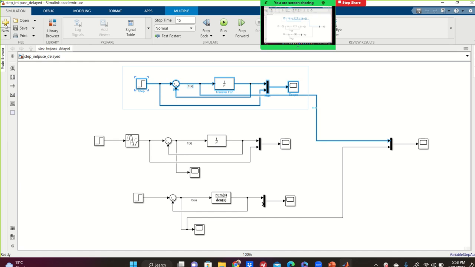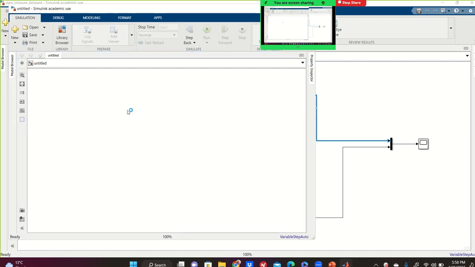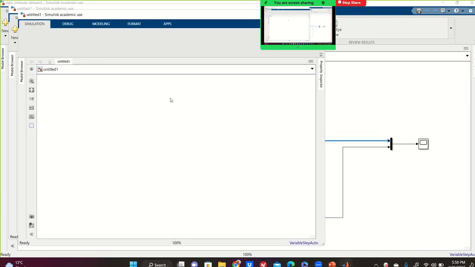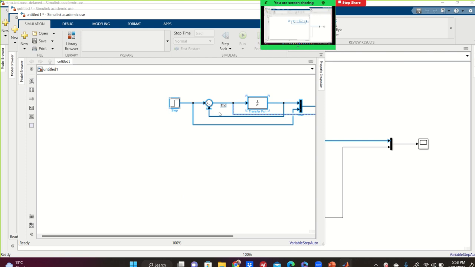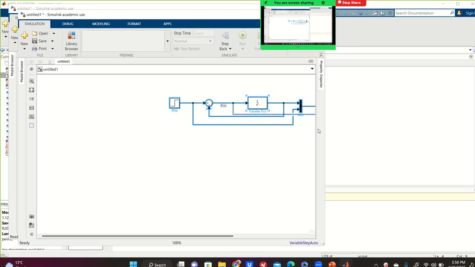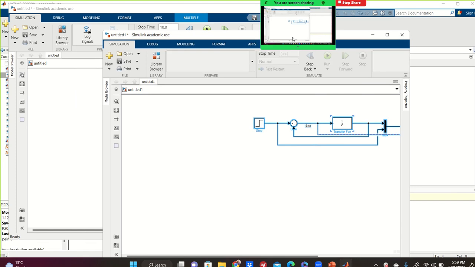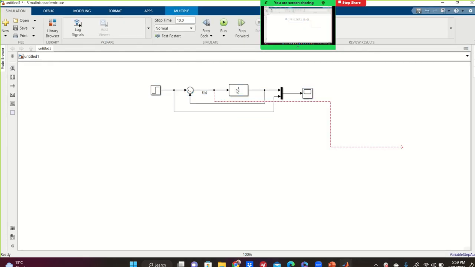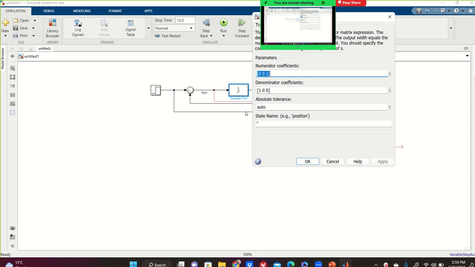Don't worry, I'm generating a new one. I'm just copying here. Okay, we got it. So say bye bye to this. And you see that we only have to change the transfer function.